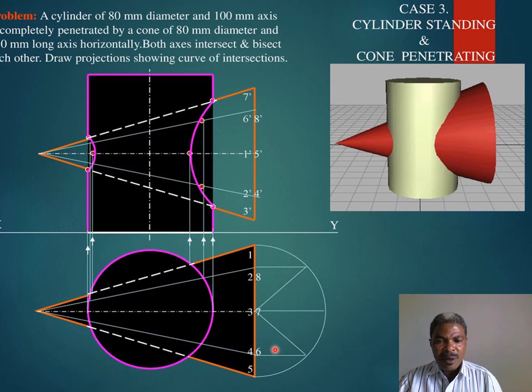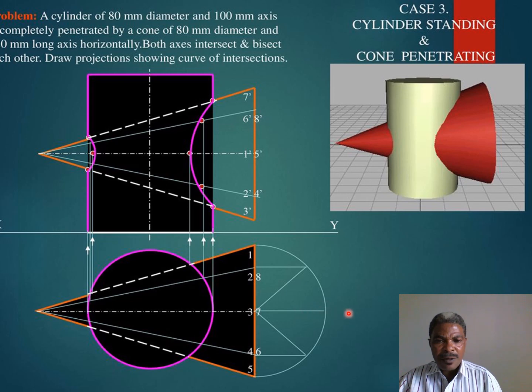This semicircle will be divided as we did for the cylinder to cylinder interpenetration, so you divide into a given number of equally spaced parts. For this case, they are 8 in number.